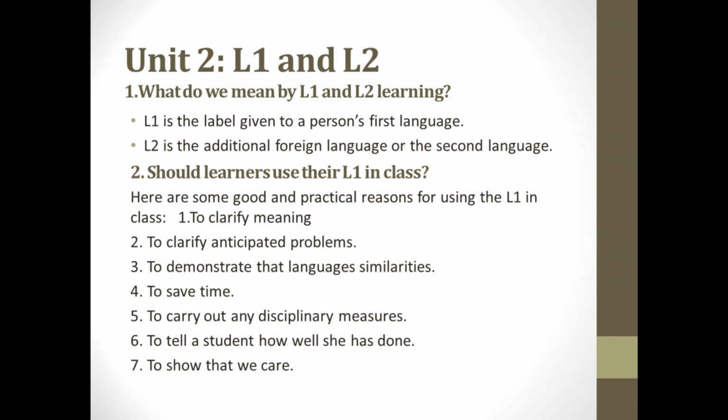Number three, to demonstrate that languages have similarities, like in Arabic and English, for example, laymun and lemon. There are many words in common between the two languages, so you can help them memorize by pointing out that this word is the same word with the same meaning in English.